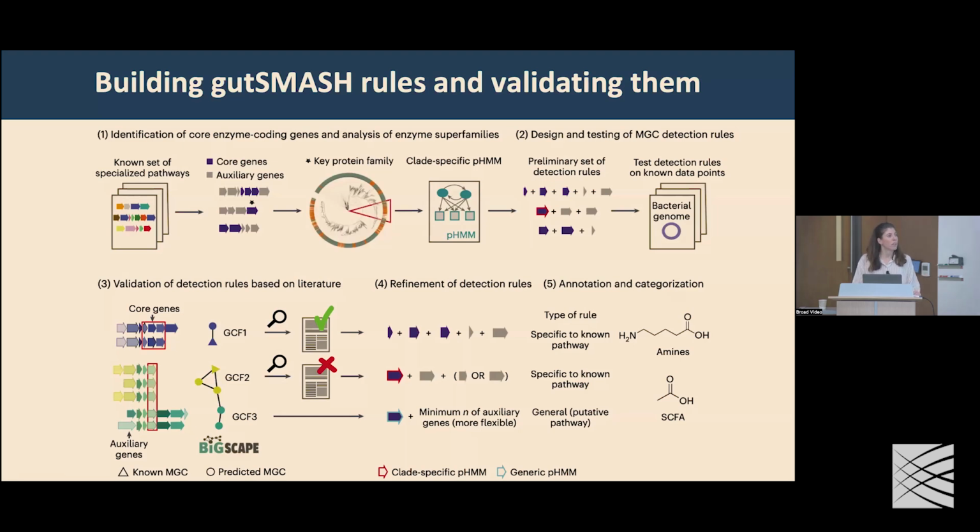This allowed us to refine the detection rules. We did a couple of back and forth rounds of validation and refinement. And then we had the final version of GATSMASH, which included different types of rules, such as the specific to known pathway rules and the general rules also.